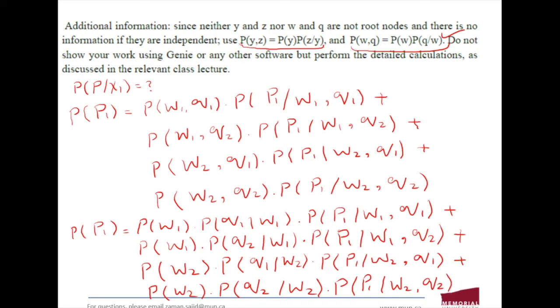This is the simplification of the law of total probability when I applied that on P1 in the network. Now in the next step, I need to take its conditional relationship with x1, which is what is being asked in the question. So I'm going to the next slide here.